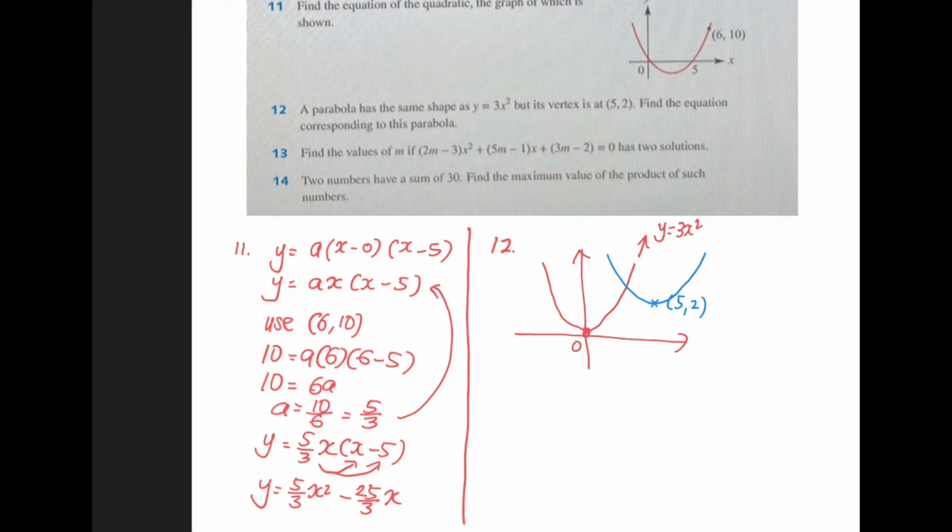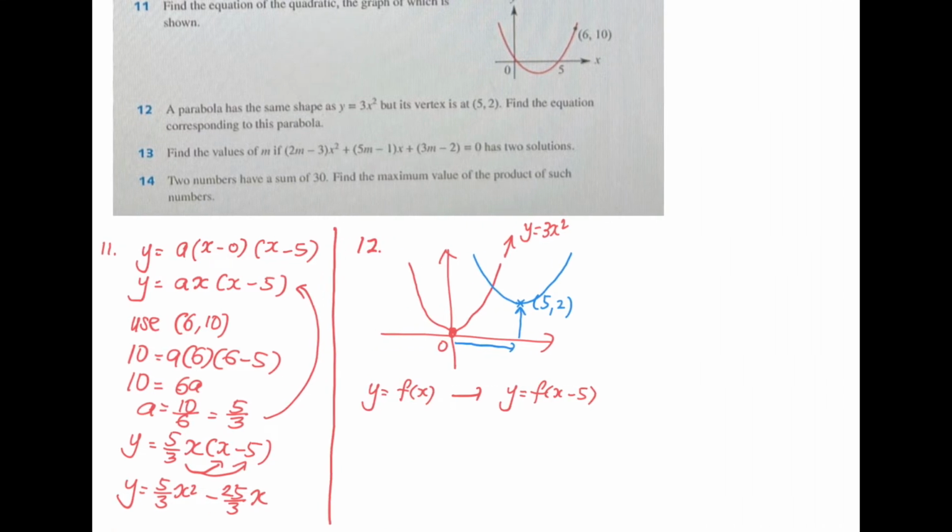Okay, so we have to find the equation of this parabola. So what to do is we need to do translation or transformation. We have to move our red color graph 5 units to the right and 2 units going up. So the quick revision here: if you have y equal to f(x), to move it to the right, you have to change it to y equal to f(x minus 5).